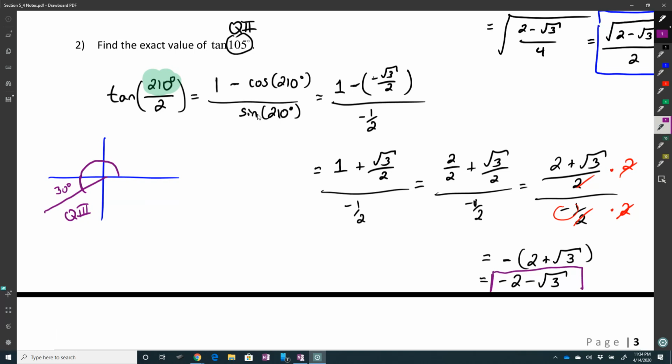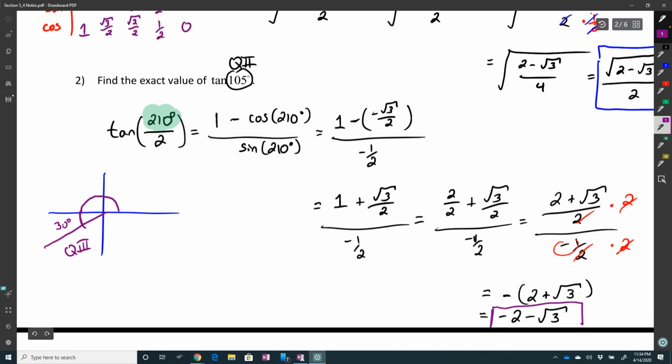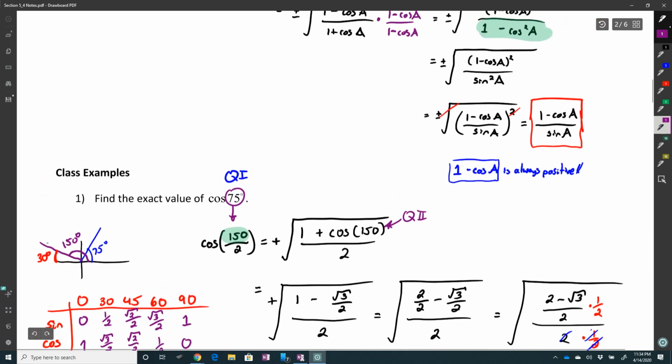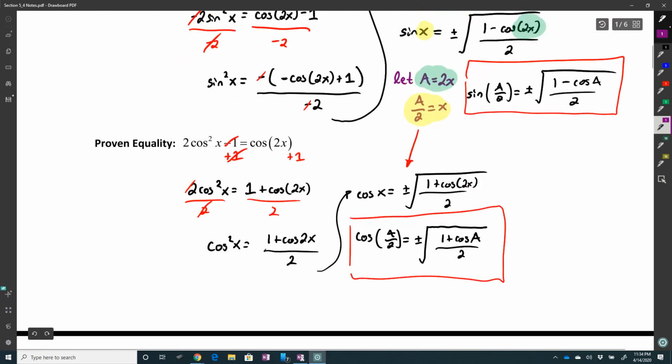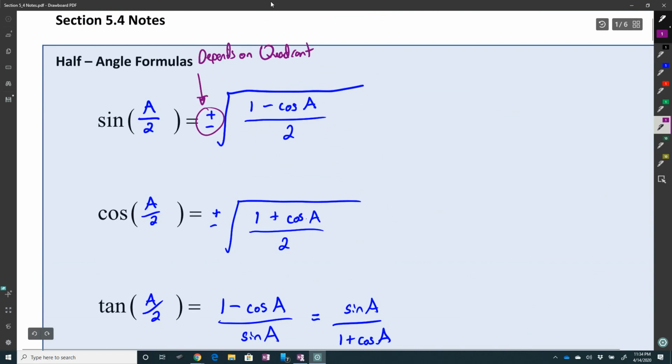All right, so getting the exact answer can be kind of tedious, but that's kind of what they want you to do. Keep in mind that if there was a plus or minus, so when you're dealing with sine or cosine, the formulas have plus or minuses in front of them, and that depends on whatever quadrant A over 2 is in. However, when you're doing the problem, this cosine could be in a different quadrant.